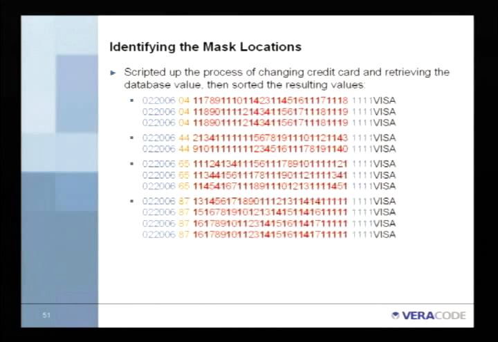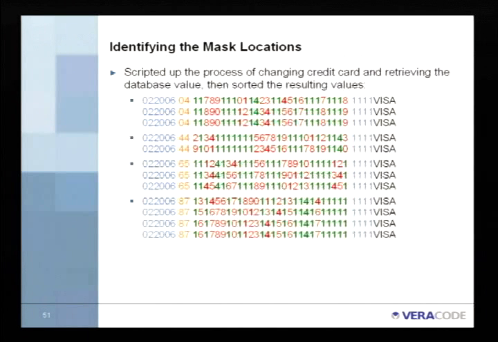That's going to be a case of, am I looking at a real one from the credit card number, or am I looking at a piece of noise that just happened to be a 1? So if you take the intersection of those locations, in other words, where there's a bold character in each one of the examples, that will help you eliminate where the noise is and where the real characters are.